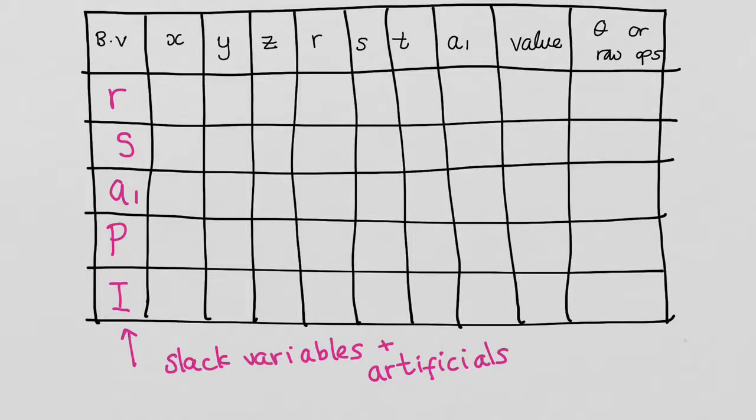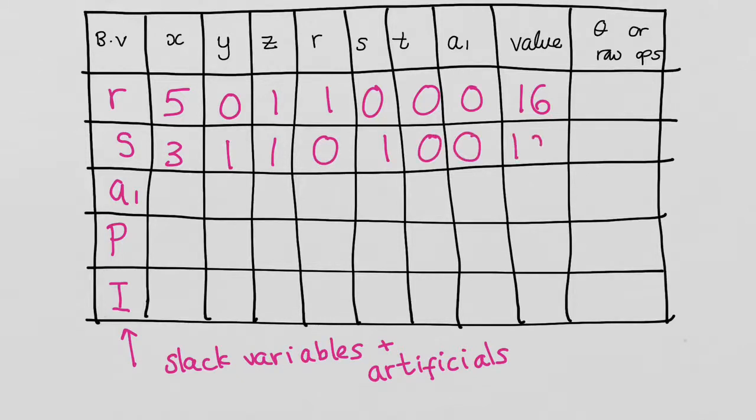Anyway, let's fill in the tableau. So we have 5x, no y's, 1z, 1r, no s, no t, and so on, 16. Okay. Then we have 3, 1, 1, 0, 1, 0, 0, 12.